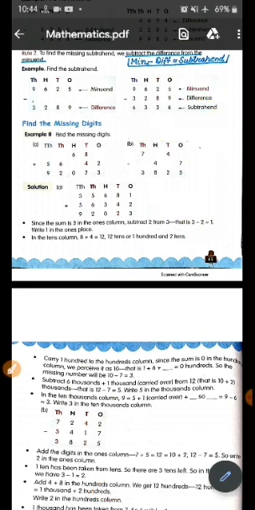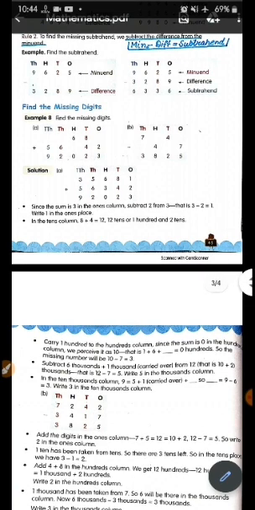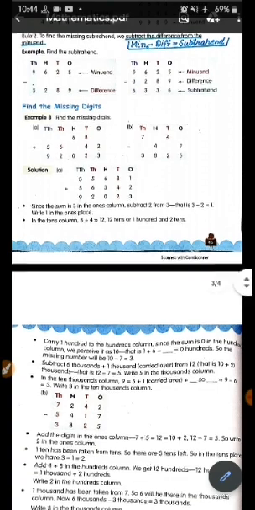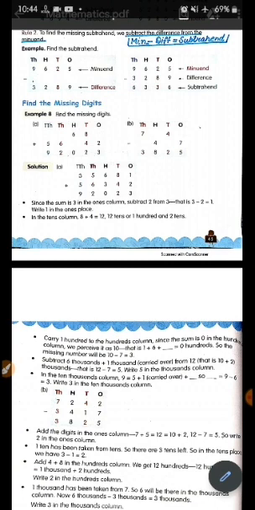So here in the example we can see that minuend is given, the greater number is 9625, and the difference is given as 3289, and here the subtrahend is absent, subtrahend is not given. So to find subtrahend, we will subtract difference from minuend.